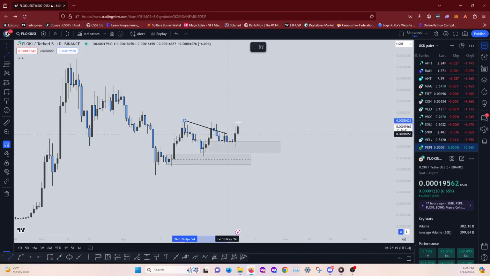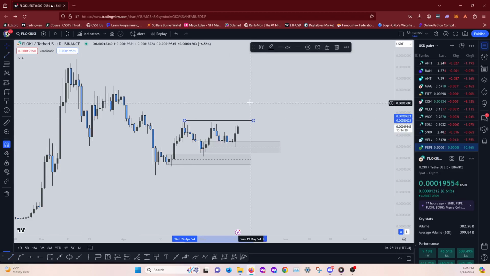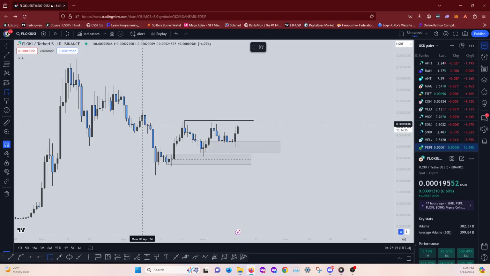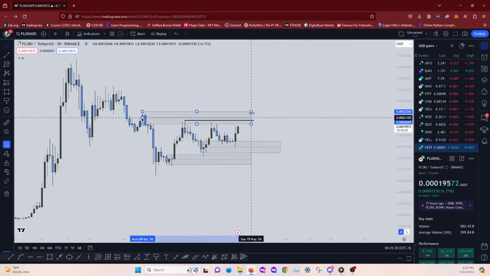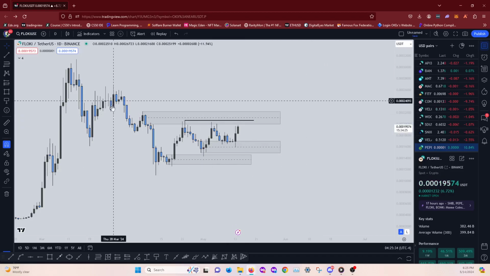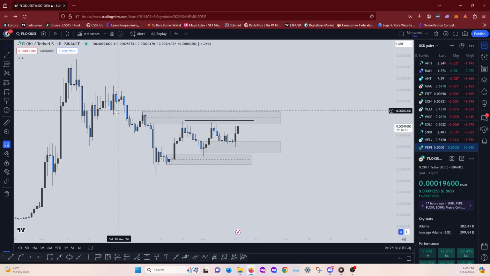I'd be looking at these relative equal highs as the target, because after hitting those relative equal highs, we're looking at a bearish order block retest. It's already been tested, but we've also got a sizable one up here.